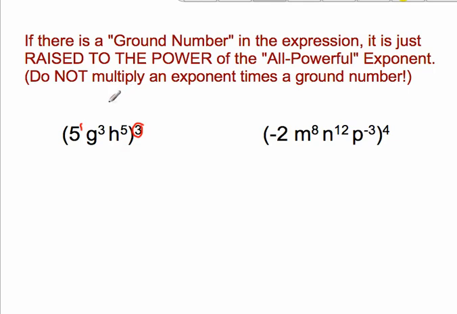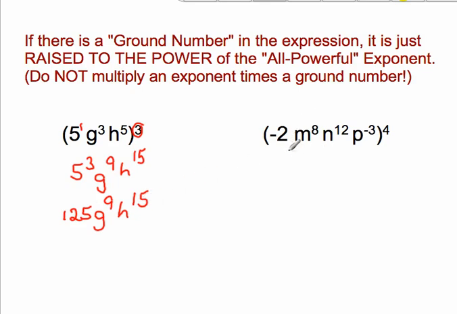So we're going to say that we have 5 to the 3rd power, because 1 times 3 is 3, g to the 9th, and h to the 15th. Well, 5 to the 3rd power is 5 times 5, which is 25 times 5, or 125. G to the 9th power, h to the 15th power.